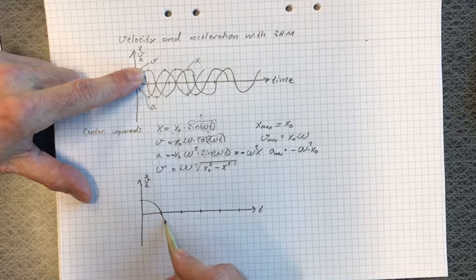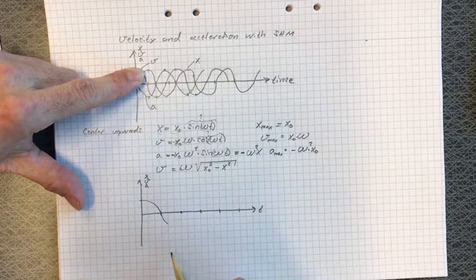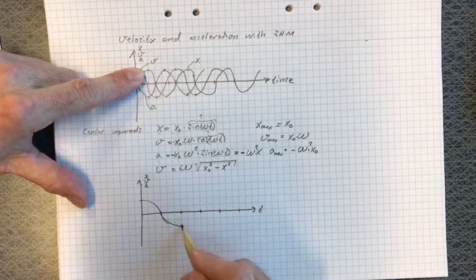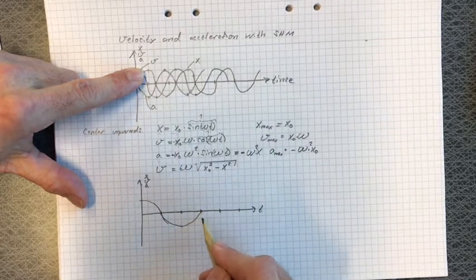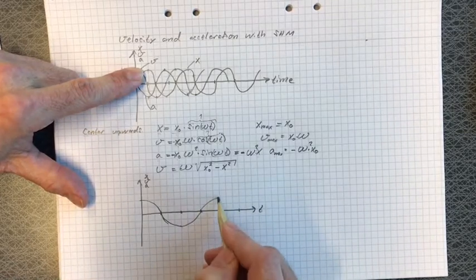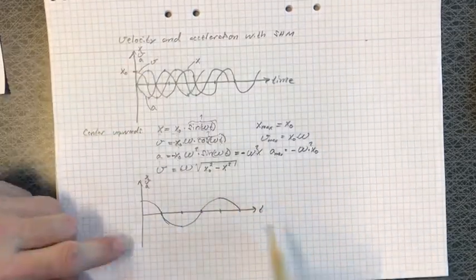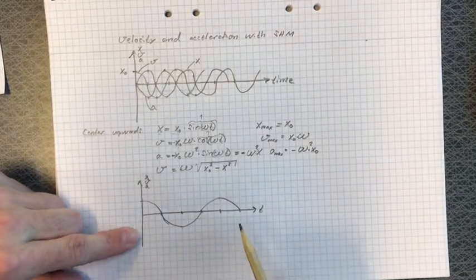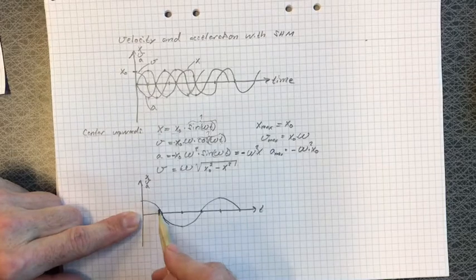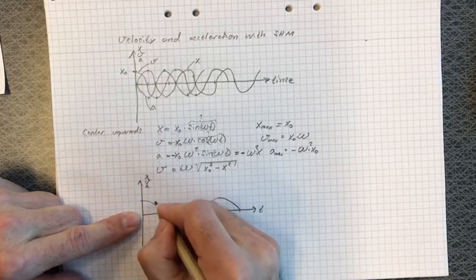And then it will go like this, and then it will go up again, and then it will go like this, and then it will go down again. So this is the same curve, but instead of starting with going up, it's going down. It's okay to let it do that.